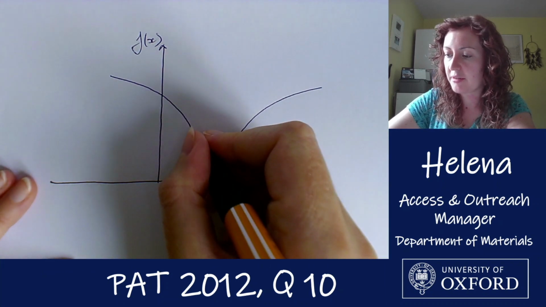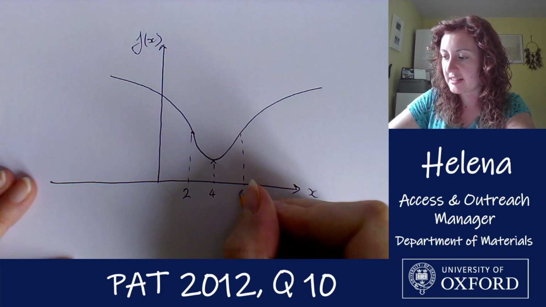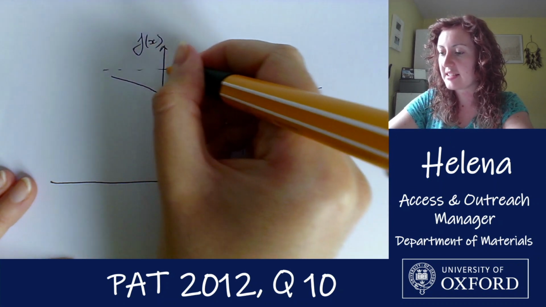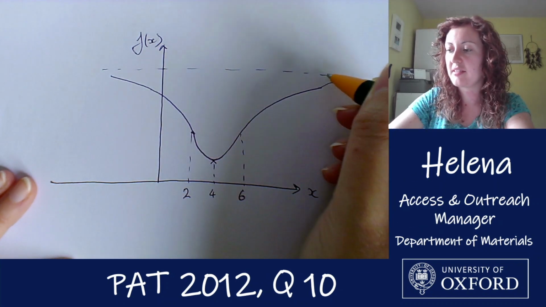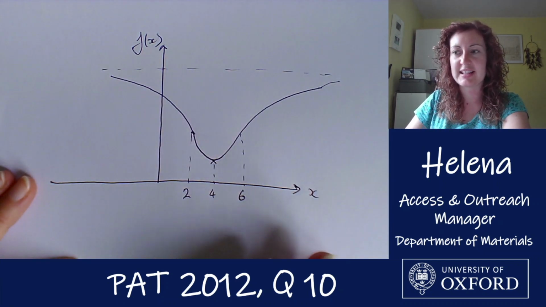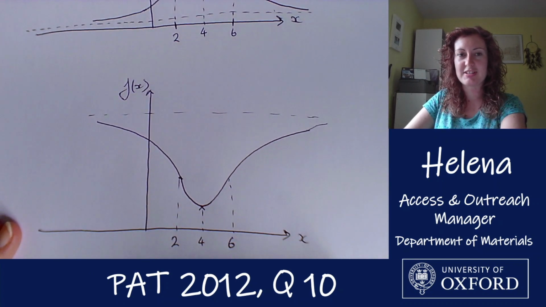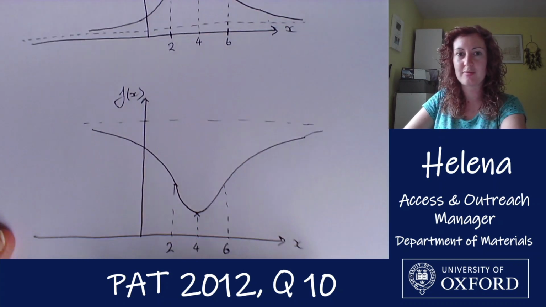So we've still got our points of inflection at x equals 2 and x equals 6, but instead of tapering off to a value just above 0, we'd have it tapering off at a slightly higher value. So it's kind of like a mirror image, just flipped upside down.